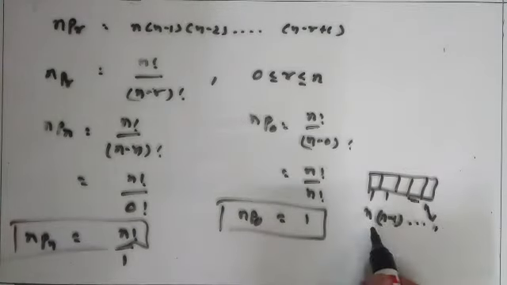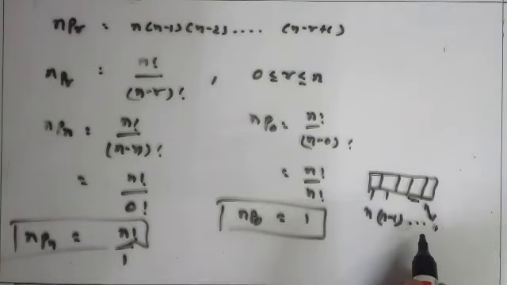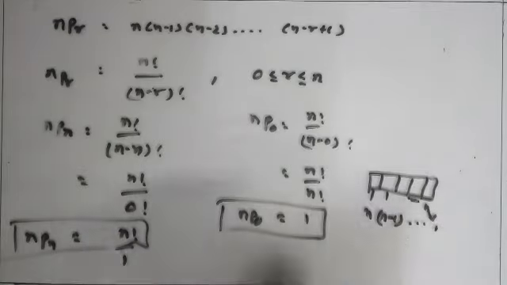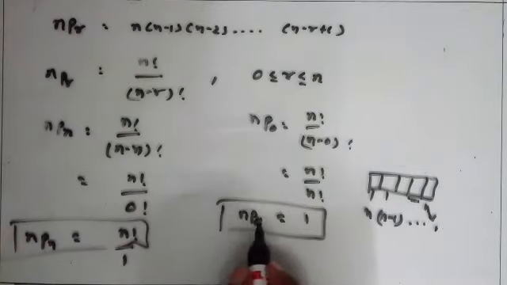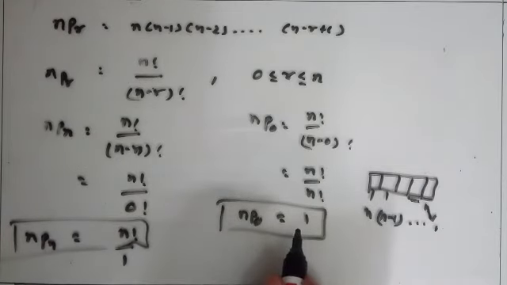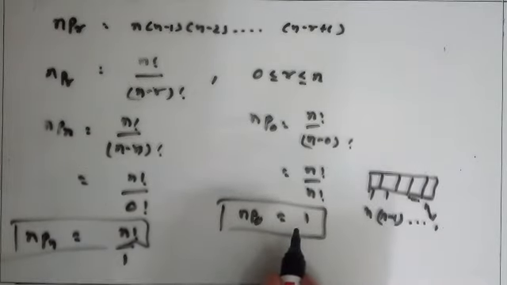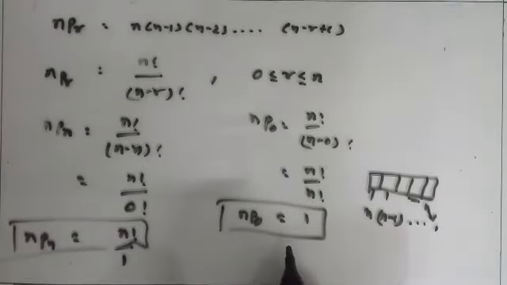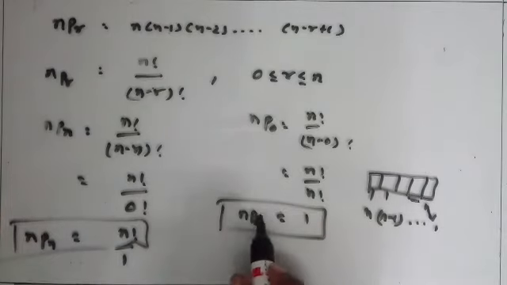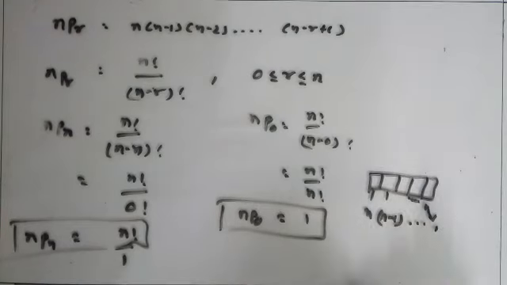So the product of all becomes 1, 2, 3 up to n, that is n factorial. So remember this: nPn is equal to n factorial, and nP0 is equal to 1. That is, arranging 0 objects in n places, when n objects are given, gives only 1 way. Remember this.